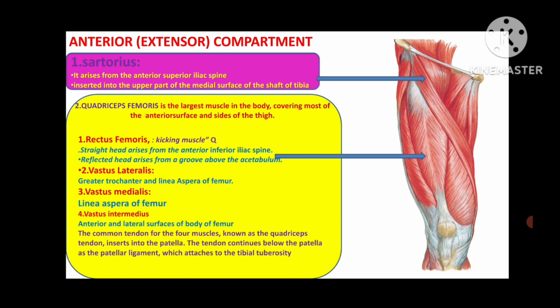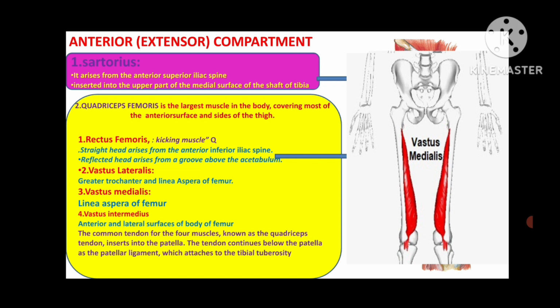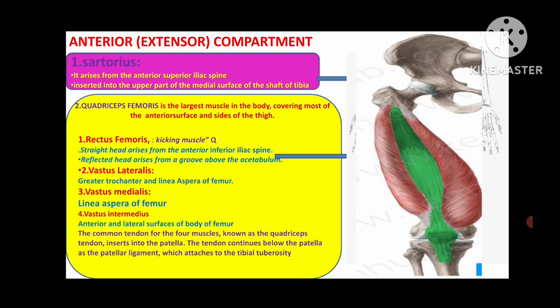The second muscle is known as the vastus lateralis. It arises from the greater trochanter of the femur and linea aspera of the femur bone. The third muscle is known as the vastus medialis. It occupies the linea aspera of the femur, and the intermediate muscle, which occupies the area in between vastus medialis and lateralis, is known as the vastus intermedius.